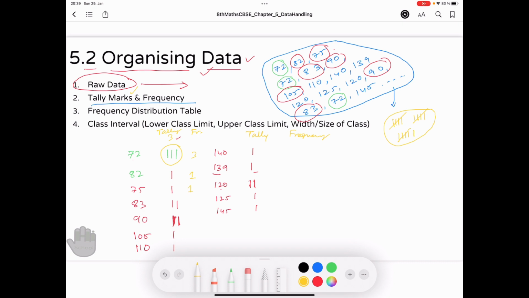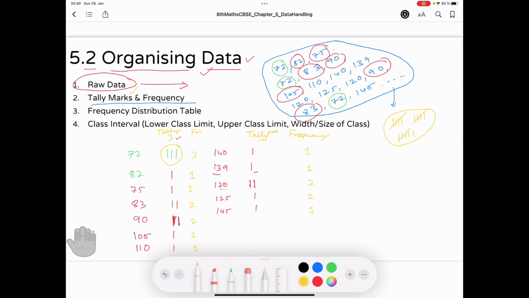Tally 1 is a straight line. This is 2, this is 2, this is 1 again. The frequency of 140 is 1, 139 is 1, 120 is 2, 125 is 1, 145 is 1. So this is the tally mark, and this is the frequency.